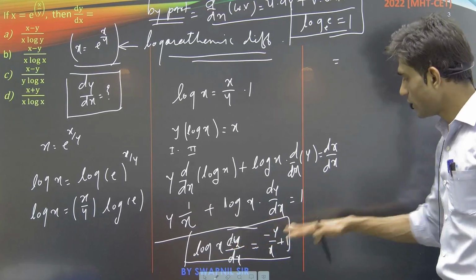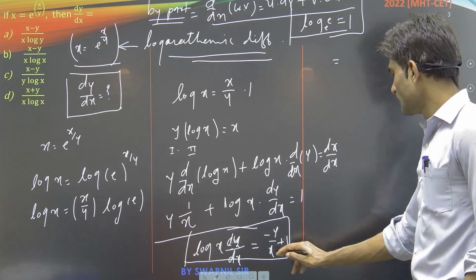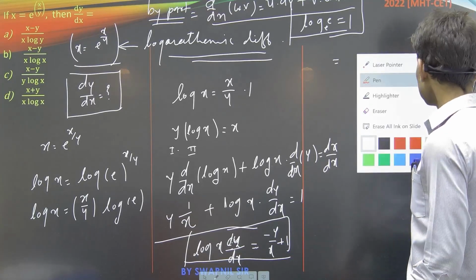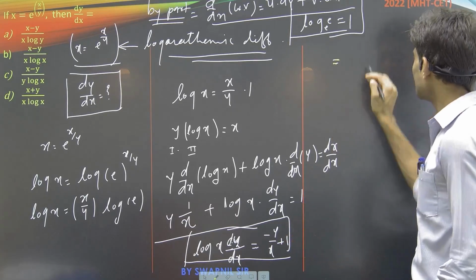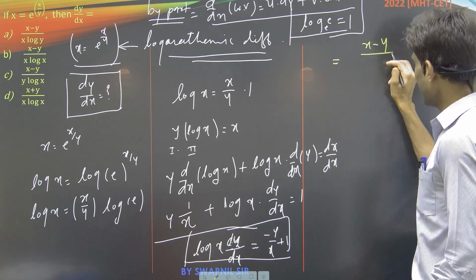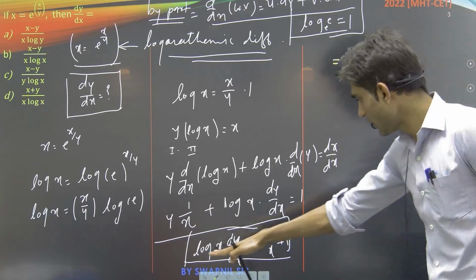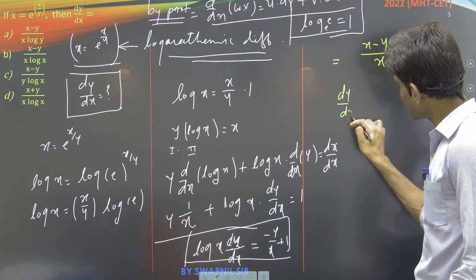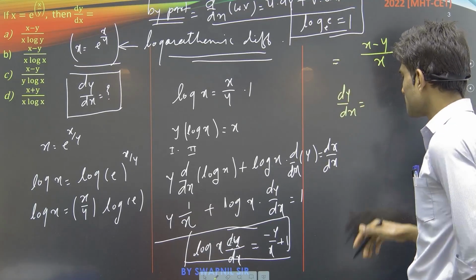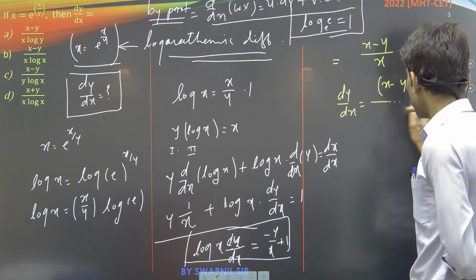Take that log x to the other side. So before taking, multiply this one, so x into 1, so we write the next step as x into 1, x minus y divided by x. So take log x to the other side, we get dy by dx, which is equal to x minus y as it is, as the numerator.